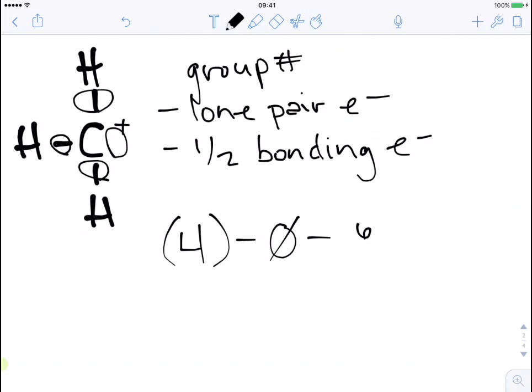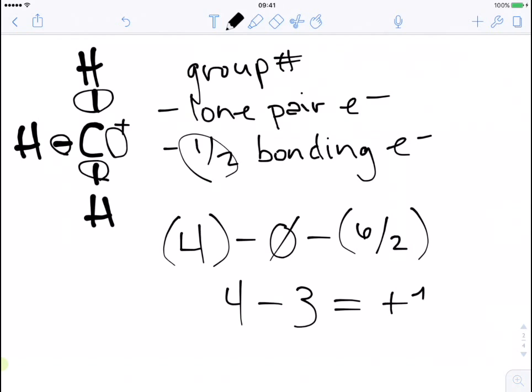So you want to do 6 divided by 2 because we're taking half of them. So it ultimately becomes 4 minus 3, which equals positive 1. That's your formal charge of the carbon. And that makes sense because we have the positive charge right here.